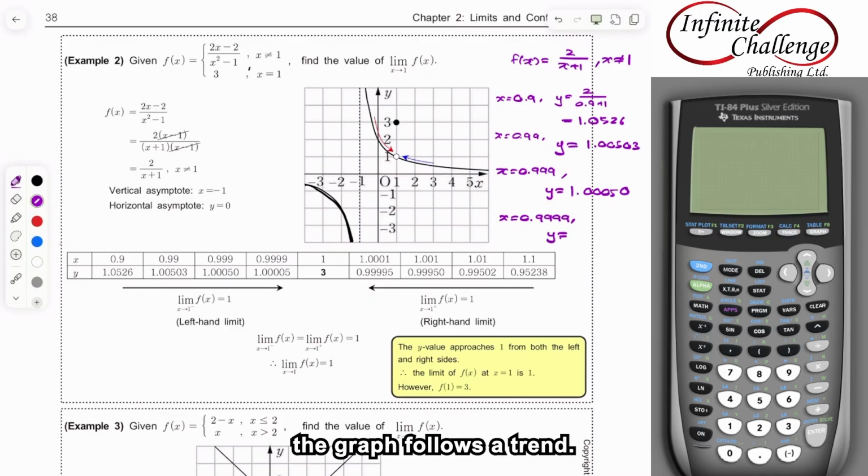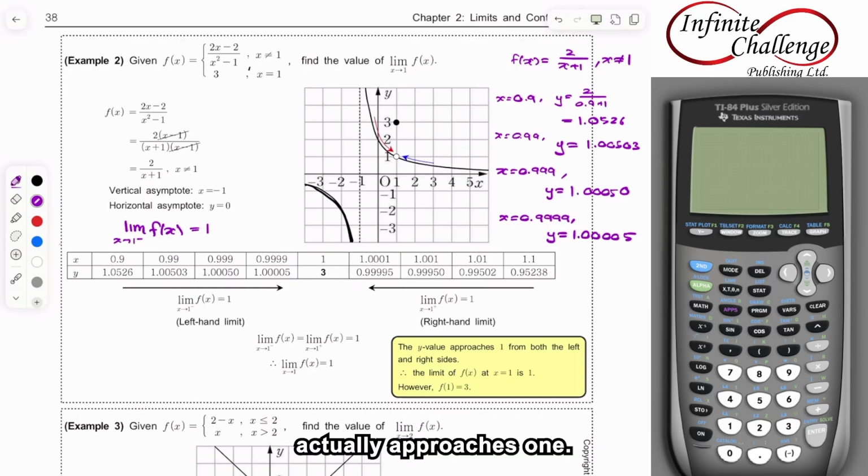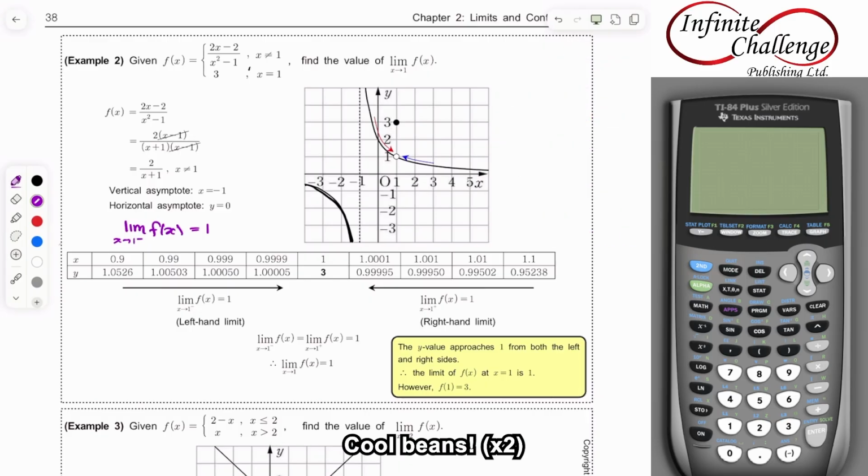Surely the graph follows a trend. And it does. It says that y is equal to 1.00005. And so we can conclude that the limit of f of x as x approaches 1 from the left-hand side actually approaches 1. Cool beans.